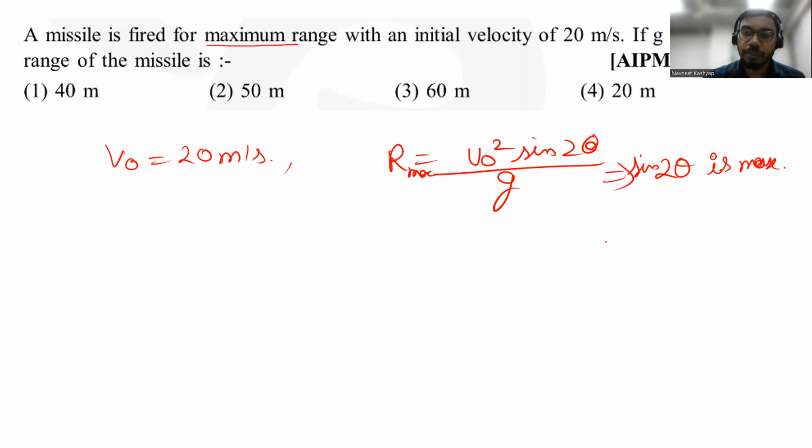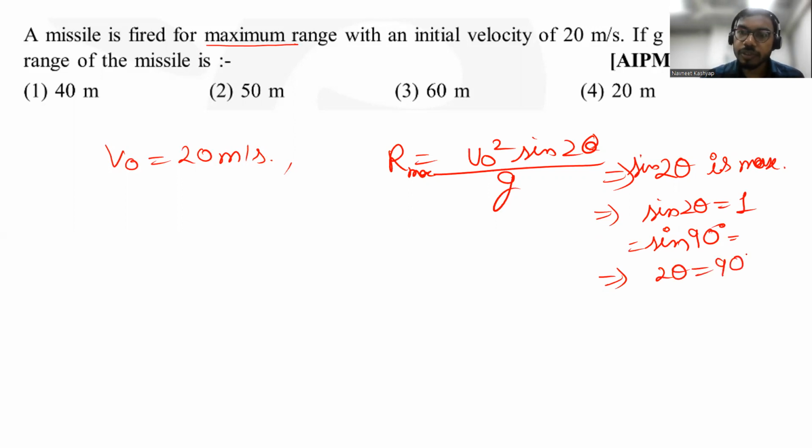When is sine 2 theta maximum? When sine 2 theta is equal to 1. Now we know that gives us sine 90, which gives us 2 theta is equal to 90, which gives us theta is equal to 45 degrees.